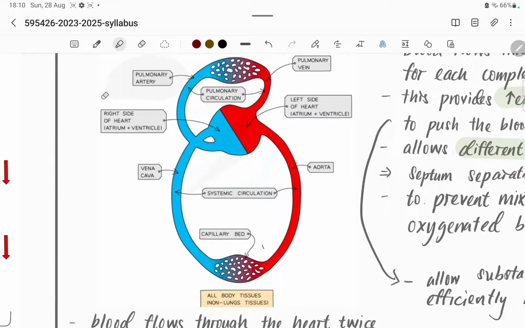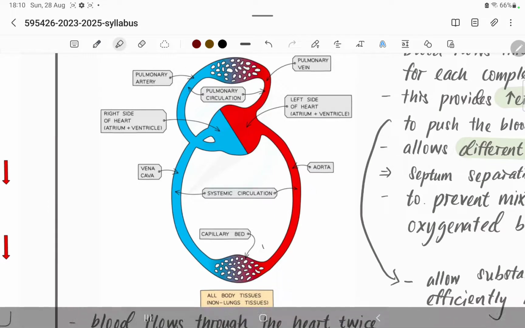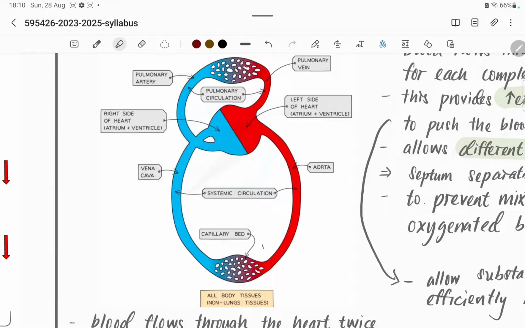And then gaseous exchange occurs in the alveoli of the lungs, and then oxygenated blood is transported back to the heart via the pulmonary vein.